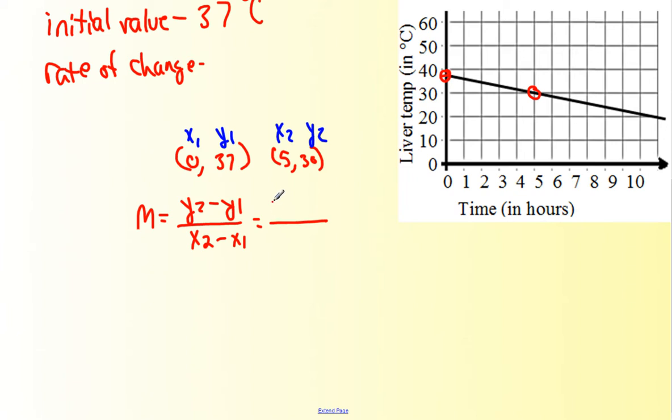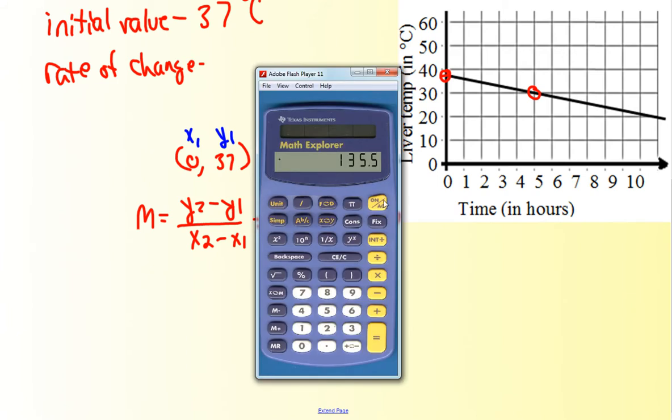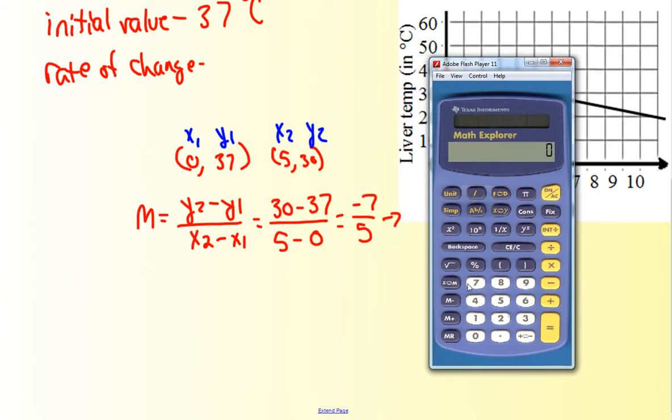So y2 minus y1 over x2 minus x1, giving us negative 7 over 5, which usually rate of change, slope, you leave as a fraction, but let's just quickly see here. Negative 7 divided by 5 equals negative 1.4.